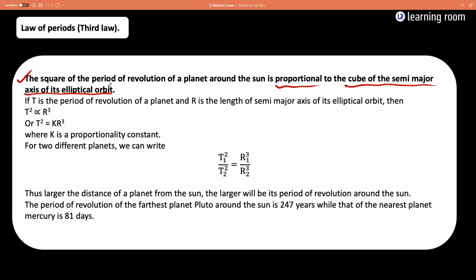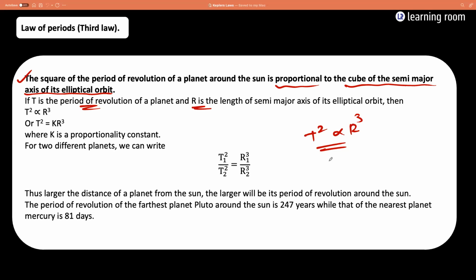So it states like this: if capital T is taken as the period of revolution of the planet, and if R is taken to be the length of the semi-major axis of the elliptical orbit, then according to the statement, T square is directly proportional to cube of R. T square is directly proportional to R cube. Am I clear with this? Right?